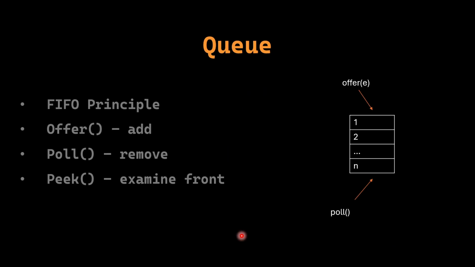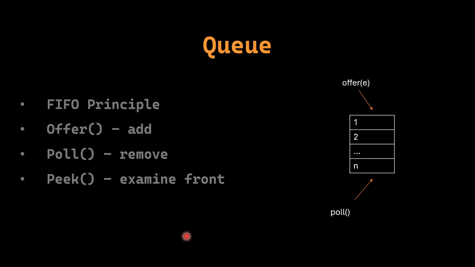Before we dive into blocking queues, let's revisit the basic queue implementation. A queue is a collection designed for holding elements prior to processing. It follows the FIFO principle, first in, first out. Think of it like a line at a coffee shop.